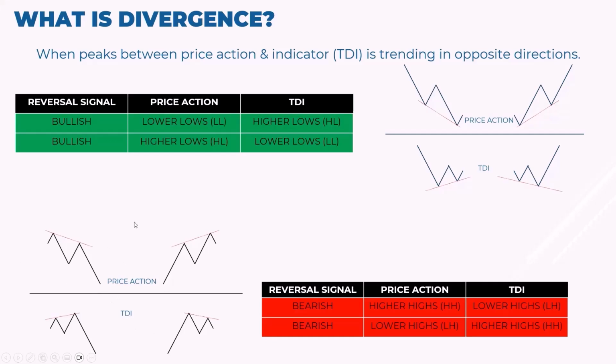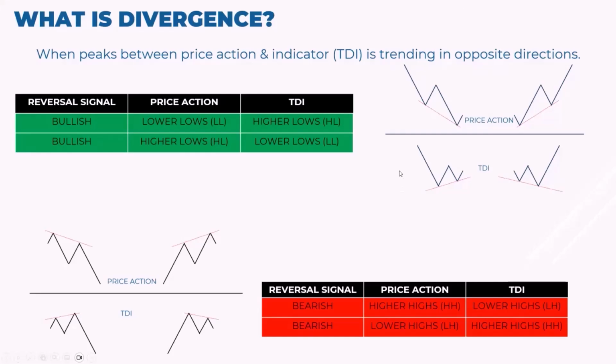And it doesn't matter the direction. If the price action pushes higher, creates a higher high, and then the TDI creates a lower high, that's also a signal that price going up is going to reverse back down. So that divergence is a signal that the reversal is going to take place.